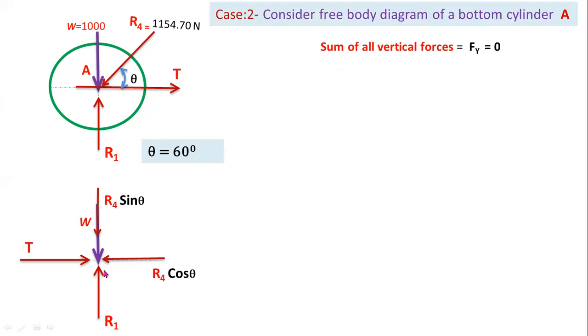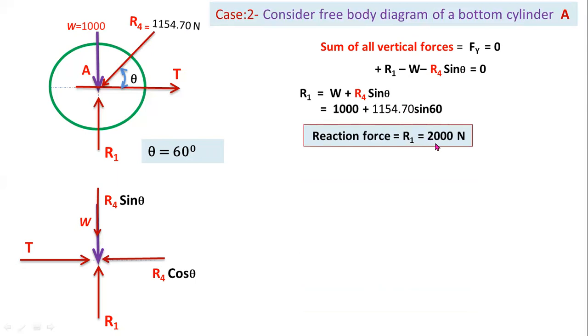For upward action, you have to consider positive sign. For downward action, you have to consider negative sign. So plus R1 minus W minus R4 sin theta equal 0. Substitute R4 equal 1154.70 and theta equal 60 degrees, W equal to 1000 newtons. From this equation, reaction force R1 equal to 2000 newtons.